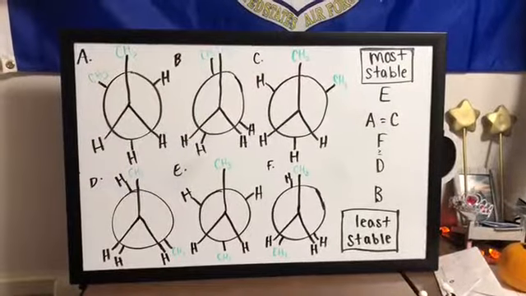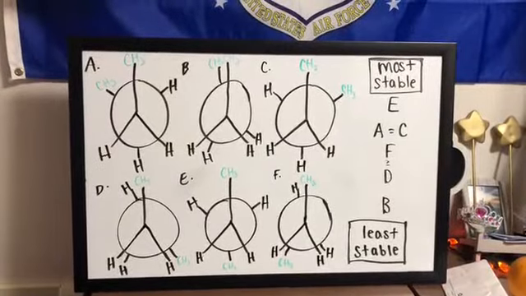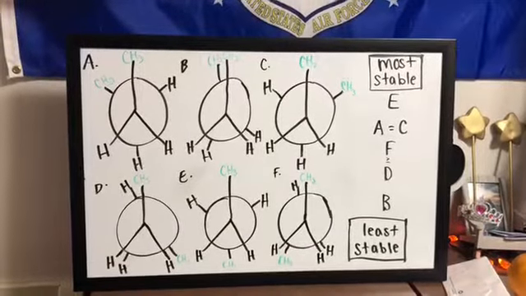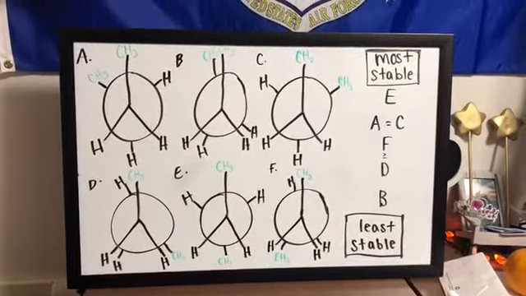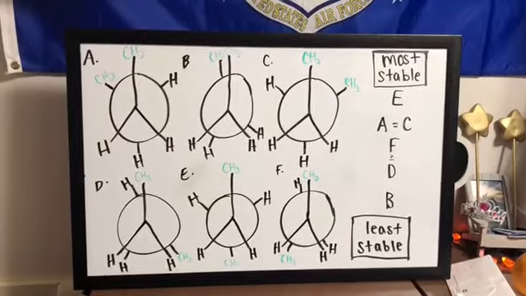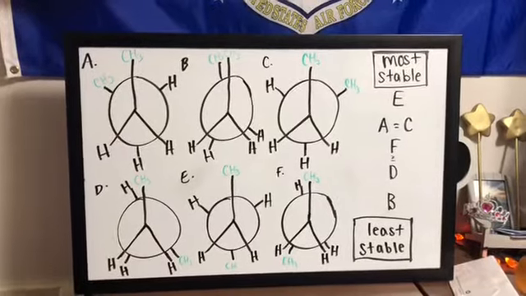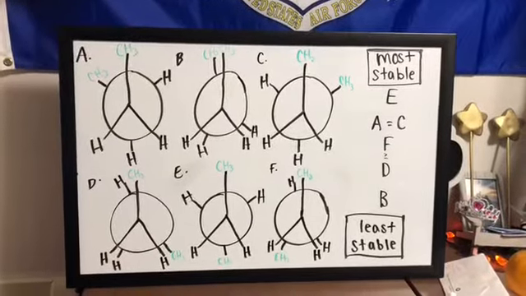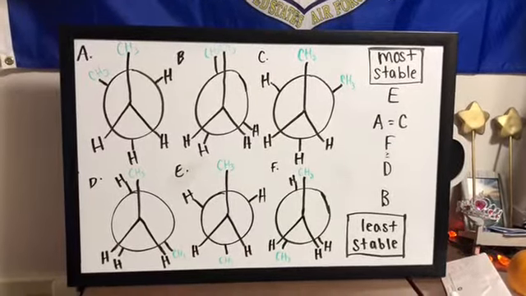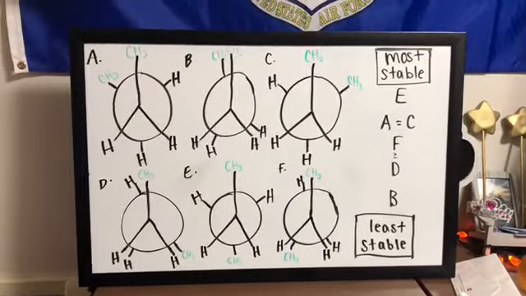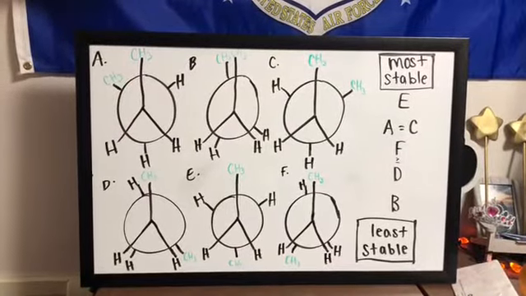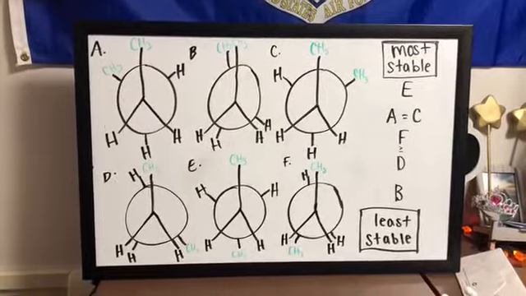As you can see, I left the groups on the front carbon the same every time. So the CH3 is always at the top, and the two H's at the bottom will remain there. The other carbon was the one that I rotated around, and it rotates from A to B to C to D to E to F. You can see that it goes back and forth between staggered and eclipsed in all of these.